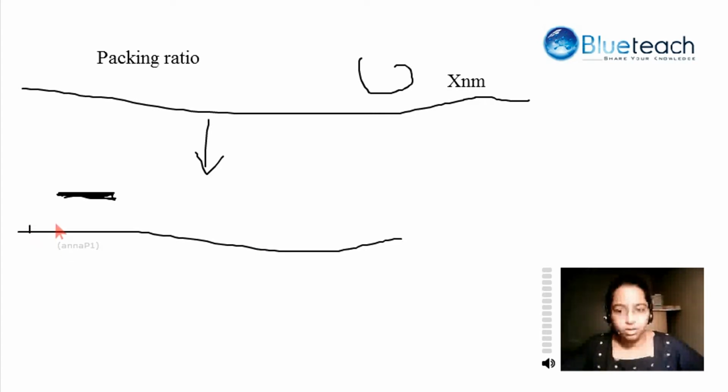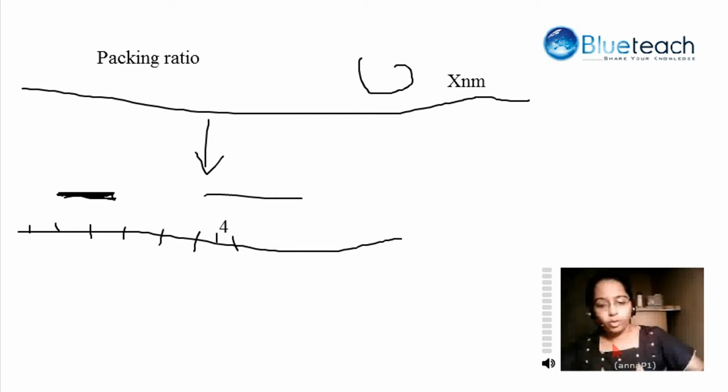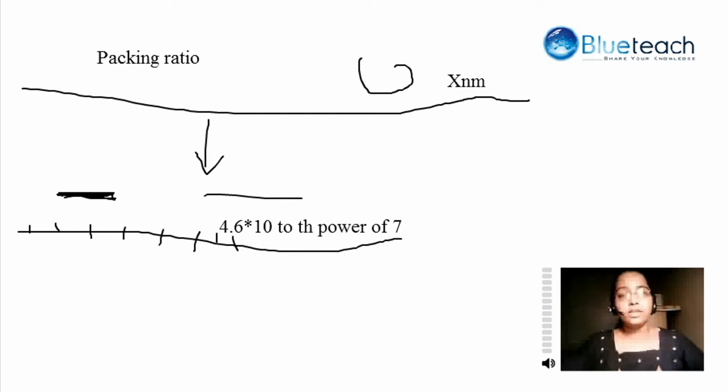It contains a number of base pairs, and the number of base pairs within this shortest human chromosome comes to 4.6 into 10 to the power of 7, and the distance between any two base pairs is 0.34 nanometers.